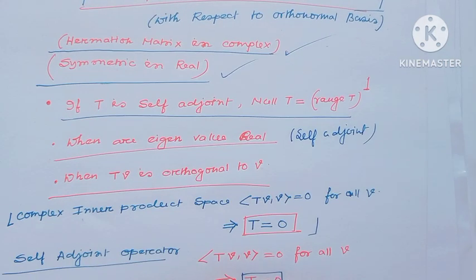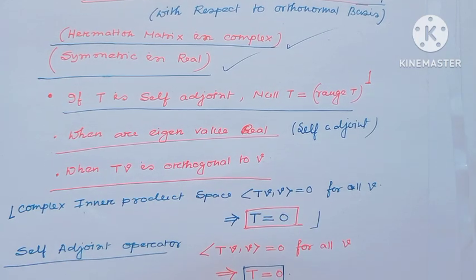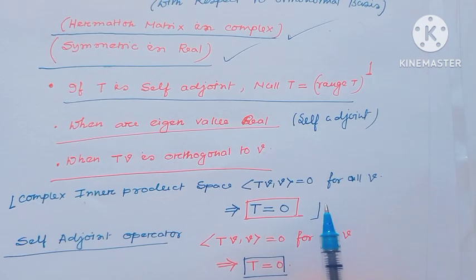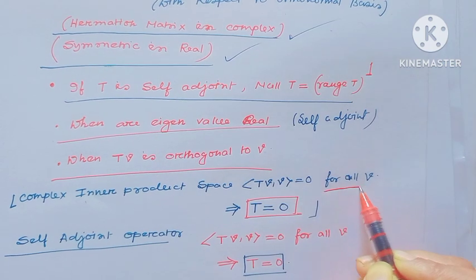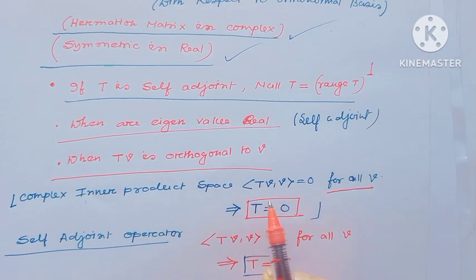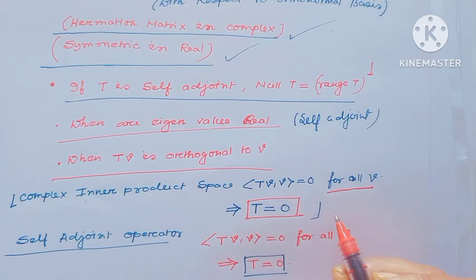Next, I will say when TV is orthogonal to V. In a complex inner product space, if the inner product of TV with V equals 0 for all V, that implies the operator T equals 0.